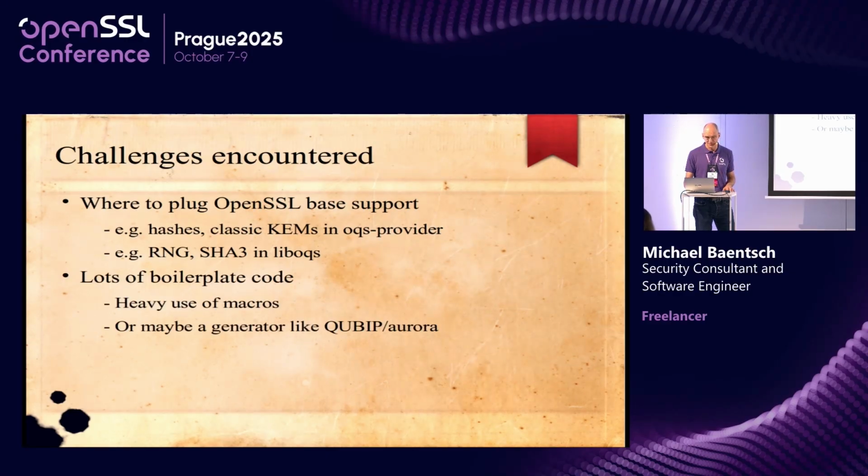Question still for discussion. The provider concept within OpenSSL contains, in my opinion, lots of boilerplate code, lots of macros. I think there is room for improvement. Or maybe yet another generator generically suited for generating provider code in general. Not just PQ provider code, but provider code.